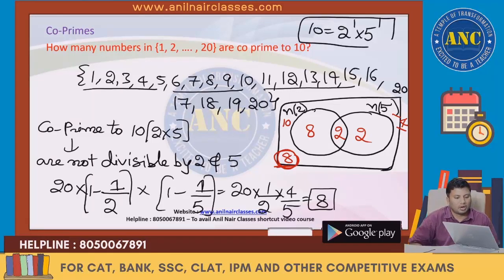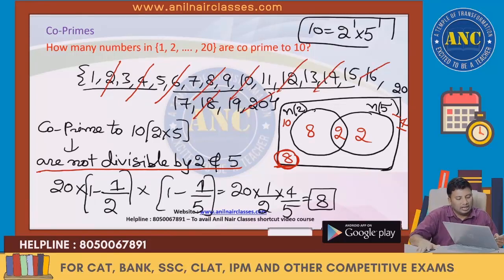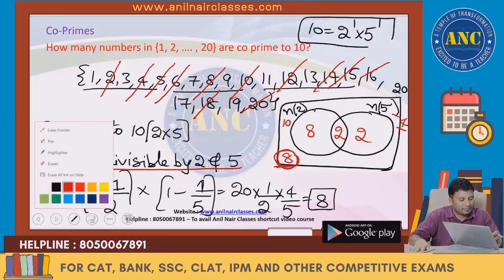Co-prime to 10 is, they are not divisible by 2 and 5. Delete the numbers which are divisible by 2. Delete the numbers which are divisible by 5. If I delete those, how many are left? That itself is the answer. Simple counting based.